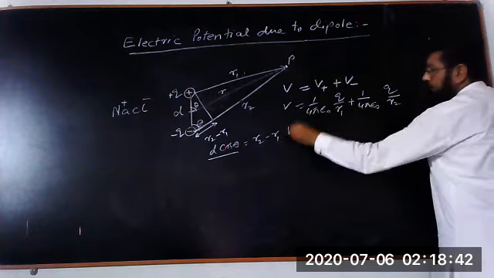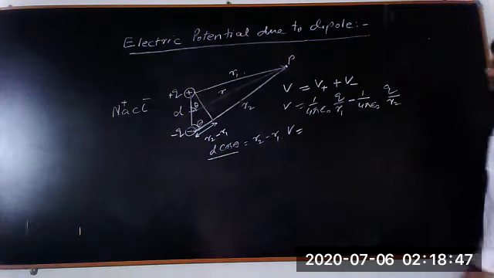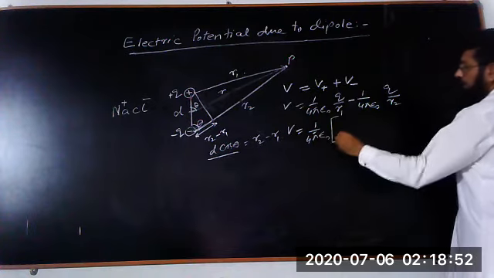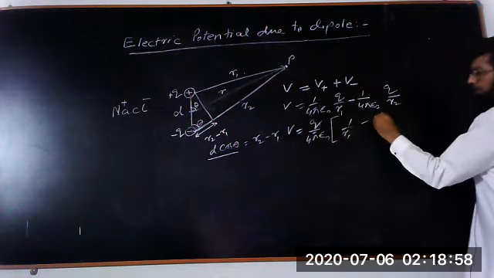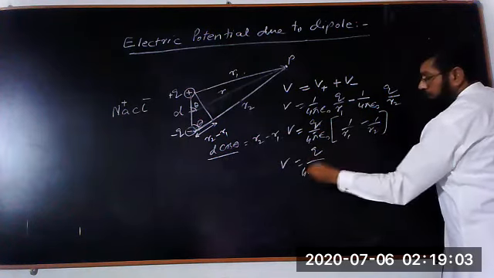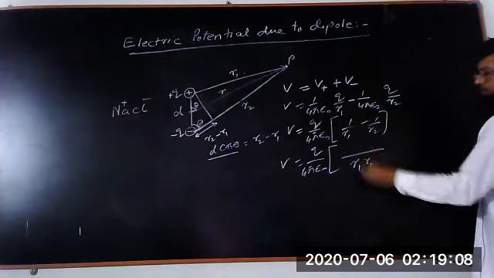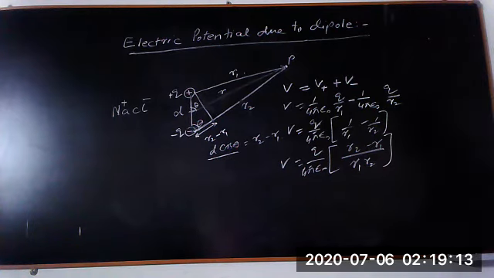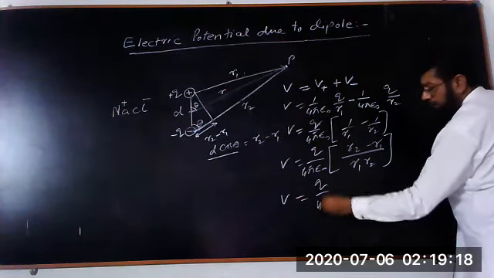So 1 upon 4 pi epsilon naught is common. This is a negative charge, so therefore this is minus. Q is common, which can be taken out. So this is 1 upon R1 minus 1 upon R2. This can be written as Q upon 4 pi epsilon naught, R2 minus R1 over R1 R2.